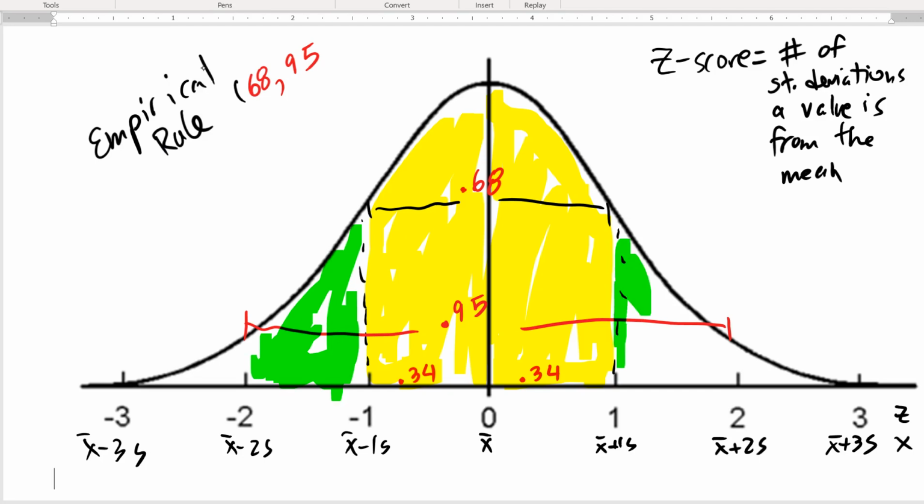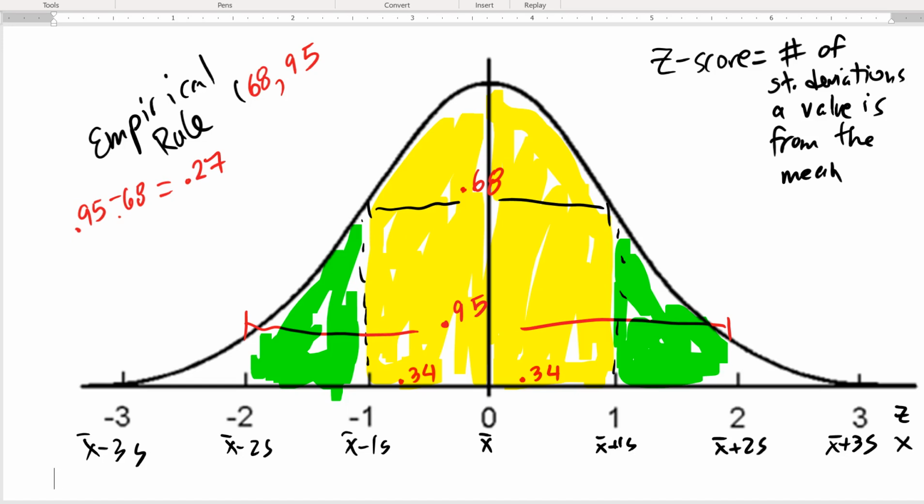Well, we went from 68 to 95, which means we added, what is that, 27%. We were now at 95%. We came there from 68%. So if I subtract them, I've gone up 27%. That means that these 2 green pieces are worth 27%. They've added 27% to get from 68 to 95.